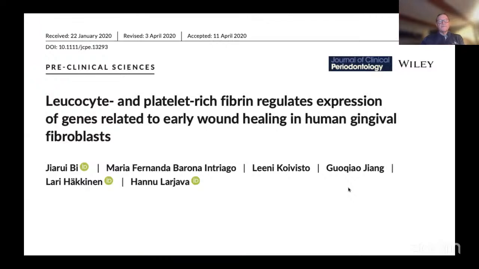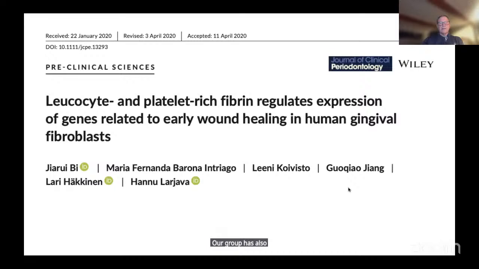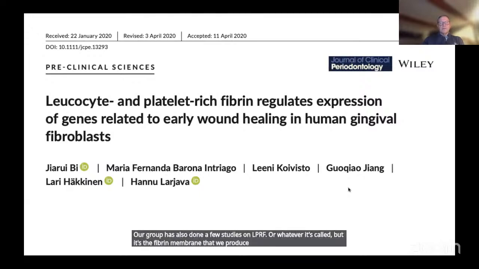So our group has also done a few studies on LPRF, or whatever it's called, but it's the fibrin membrane that we produce, and we were looking at how it regulates gene expression in gingival fibroblasts.